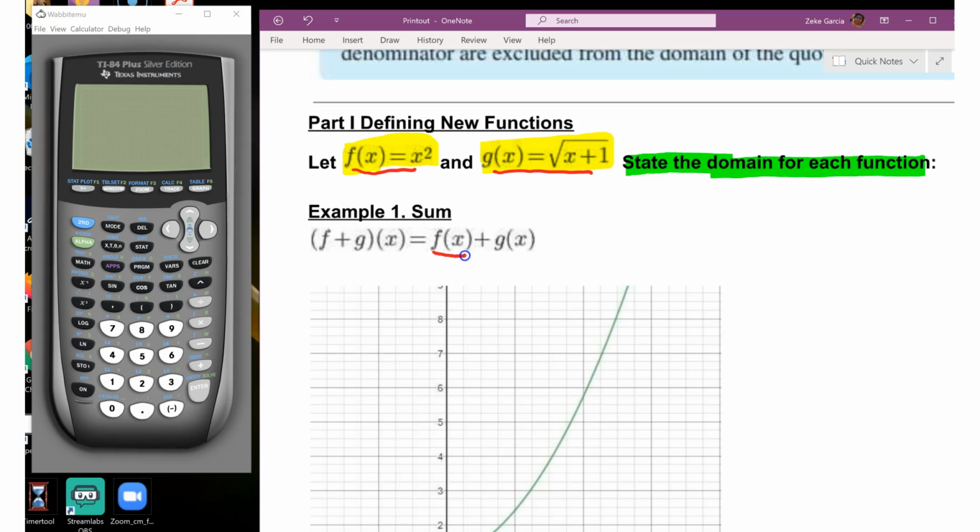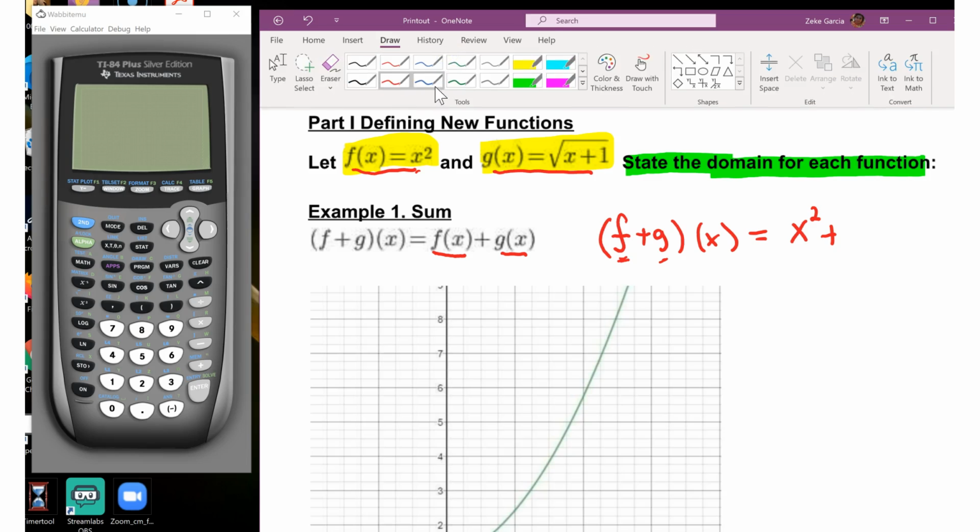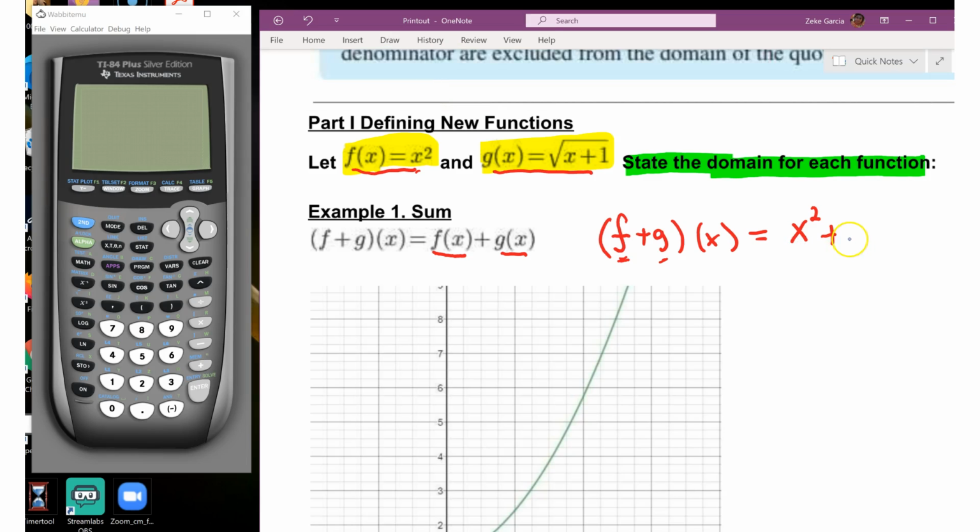And so we have f of x plus g of x. So we have f plus g of x. Don't get intimidated. It just means that we're adding both functions. So we have x squared plus, because remember f is represented by x squared, g, and I'm going to use a different color so you can see the difference, is going to be the square root of x plus 1.